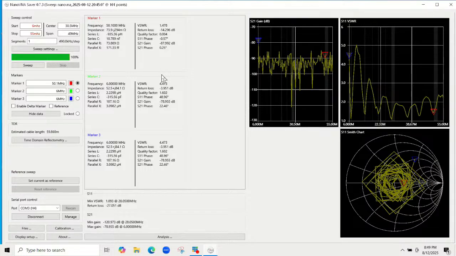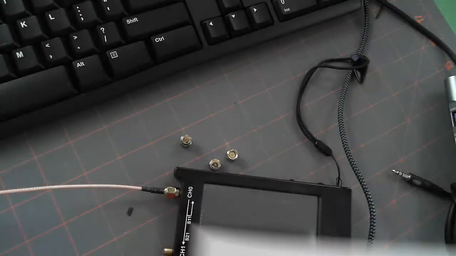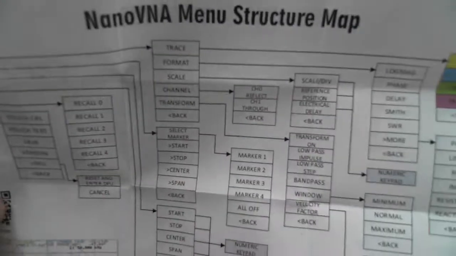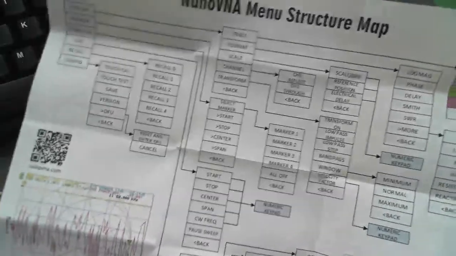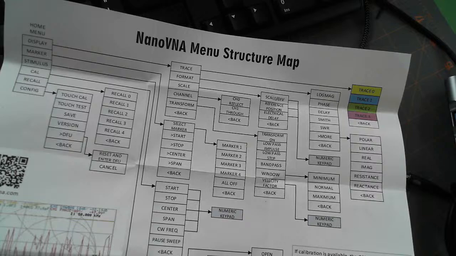I don't understand the gain chart, but anyway, this program is called NanoVNA Saver, and it's free, and it lets you do things by mouse clicks here instead of having to use the stylus and go through the menus. Now I do have the menu in English here, but you can see it's somewhat complex, all the things you can go through.